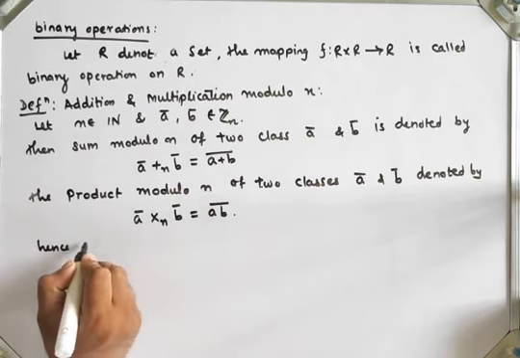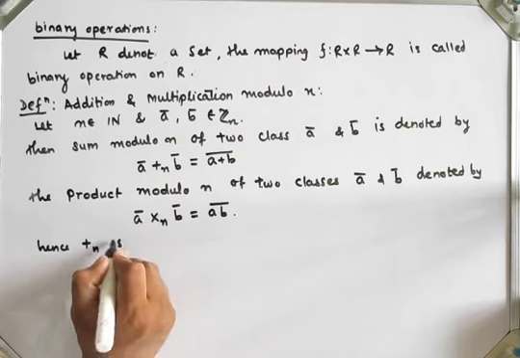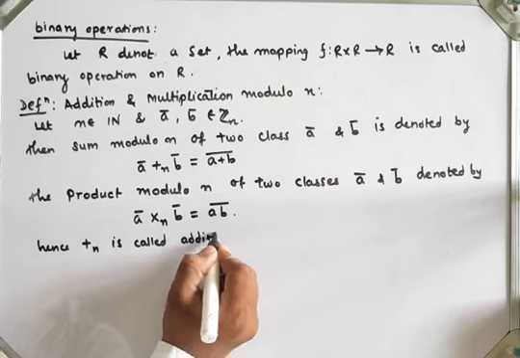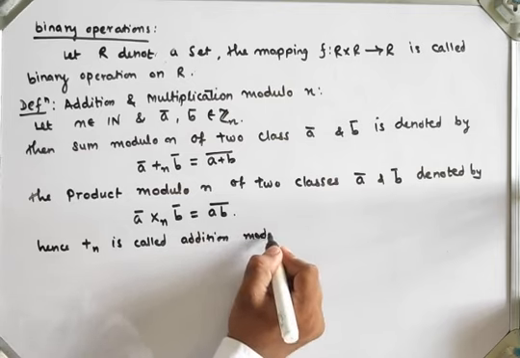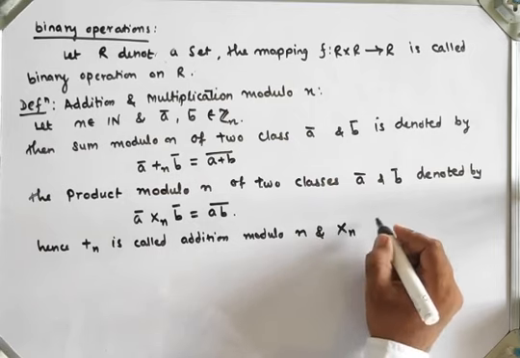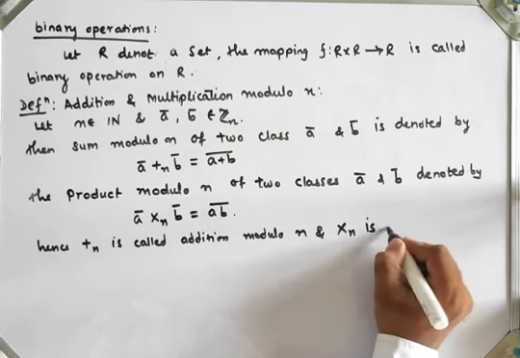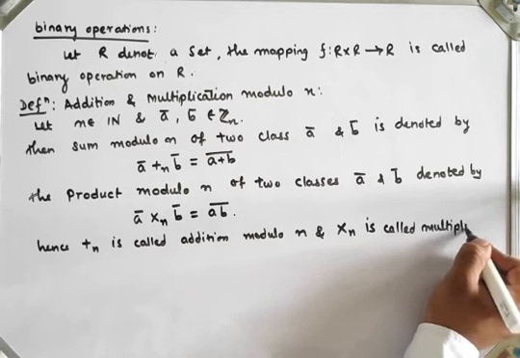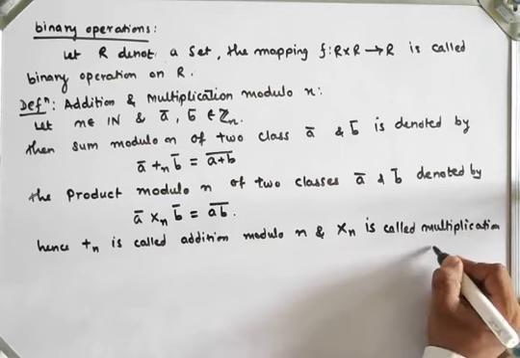Hence plus n is called addition modulo n, and multiplication n is called multiplication modulo n.